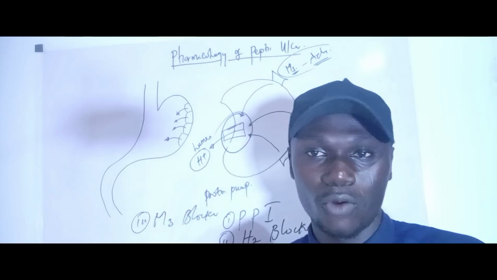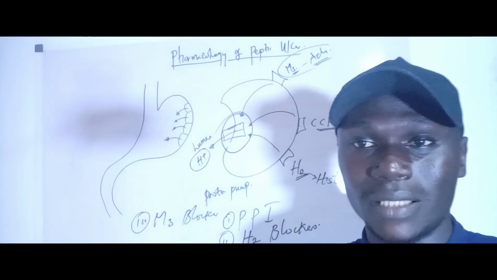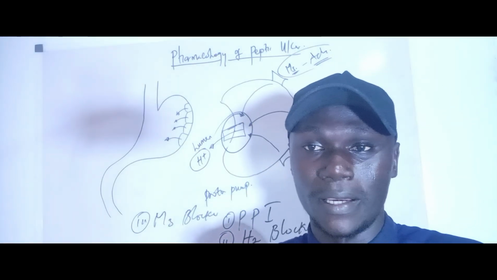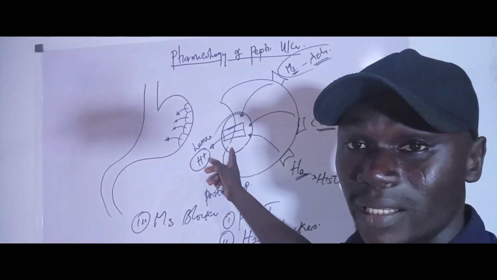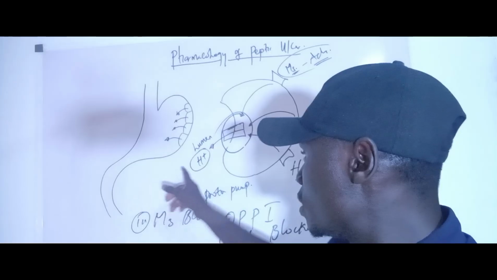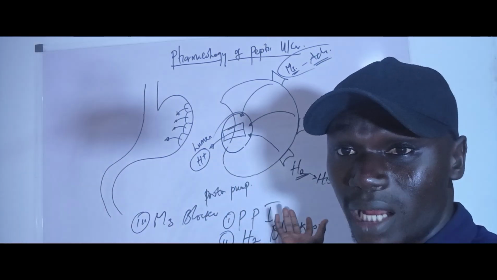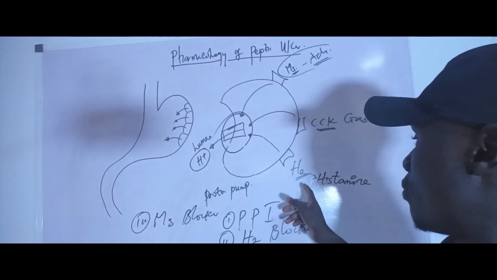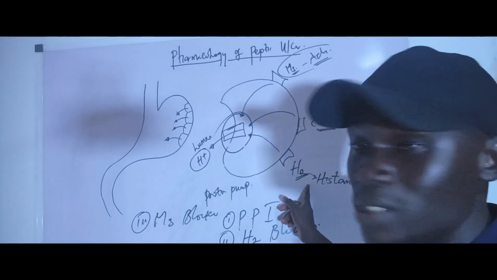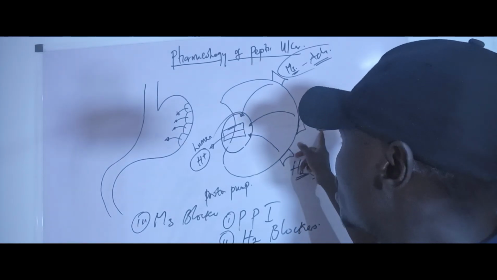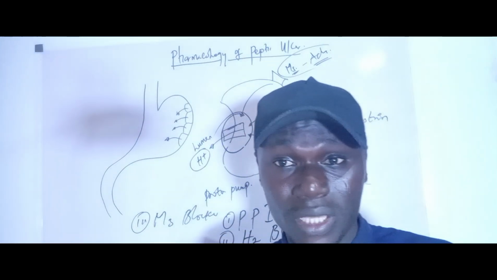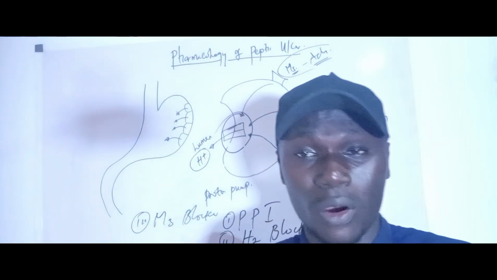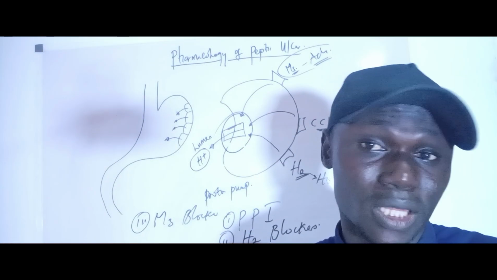Is that clear? So what have I said so far? In order to secrete acid, we need this proton pump on the luminal side, which secretes proton into the lumen. The signals for the secretion of that proton come from histamine, H2 receptor, CCK, and M3. So if we can inhibit this pump, we are going to reduce the acid secretion, and by so doing, alleviate the ulcer pain.